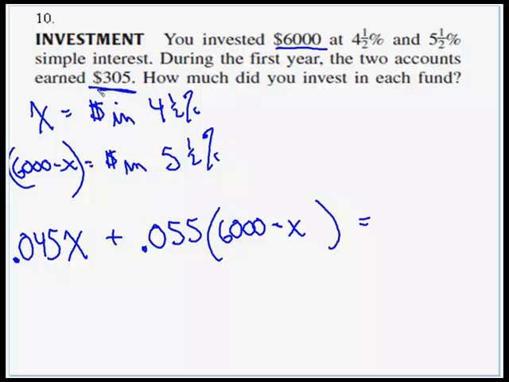They handed us on a silver platter the interest earned by both accounts together. So the interest in the 4.5% account plus the interest in the 5.5% account will equal the total interest, or $305.